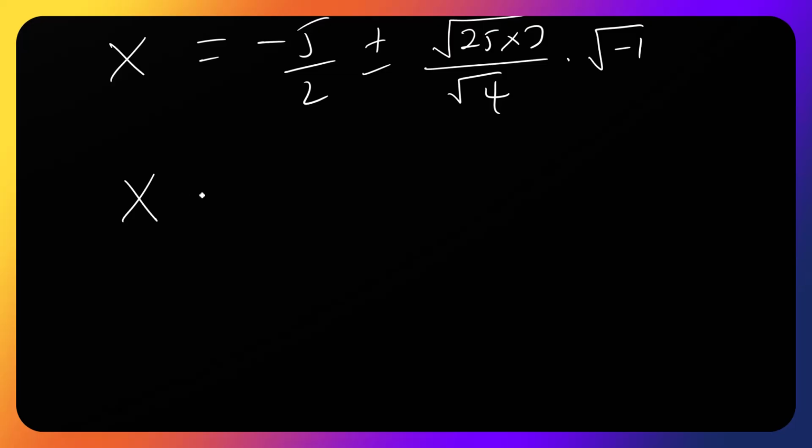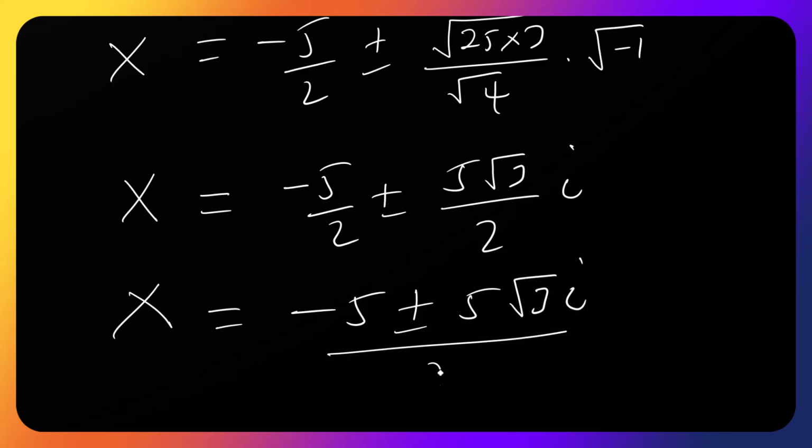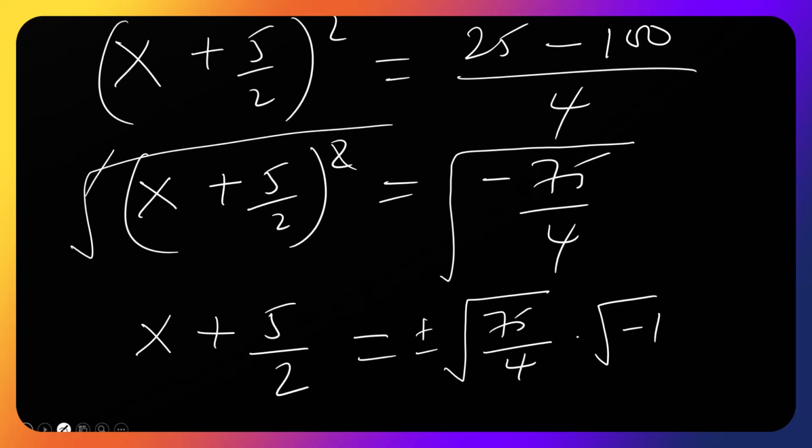So we have x equals minus 5 on 2 plus or minus 5 root 3 on 2 times i, since the square root of negative 1 is i. With common denominators, x is minus 5 plus or minus 5 root 3 i, all on 2. So we have two additional solutions here. That is for the first one.